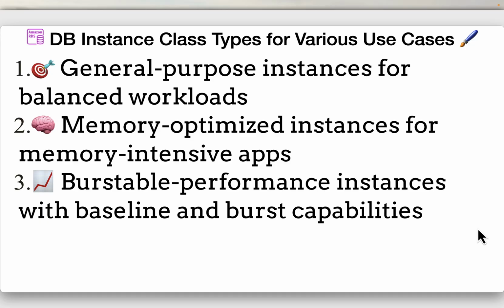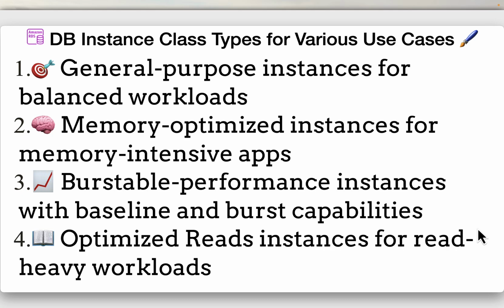Then we have another class, which is burstable performance instances with baseline and burst capabilities. Burstable means it can provide very short-lived high performance, but it cannot be sustained for a longer period. Burstable performance DB instance classes such as db.t4g and db.t3 provide a baseline performance level with the ability to burst to full CPU usage when needed.